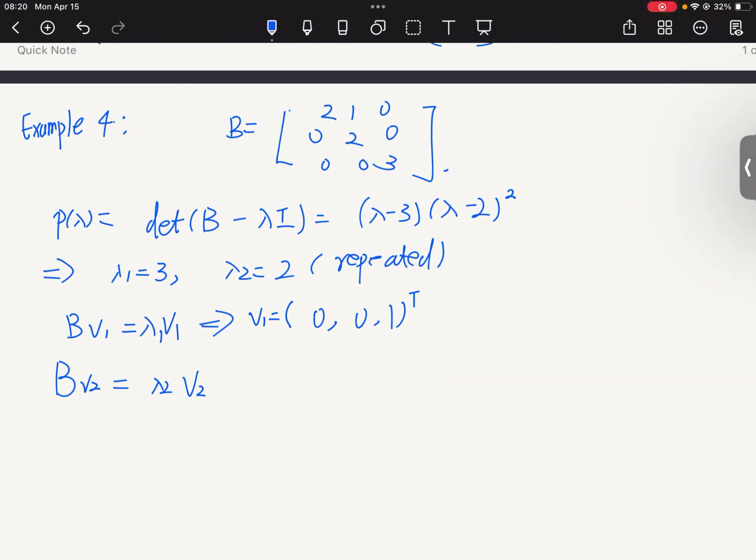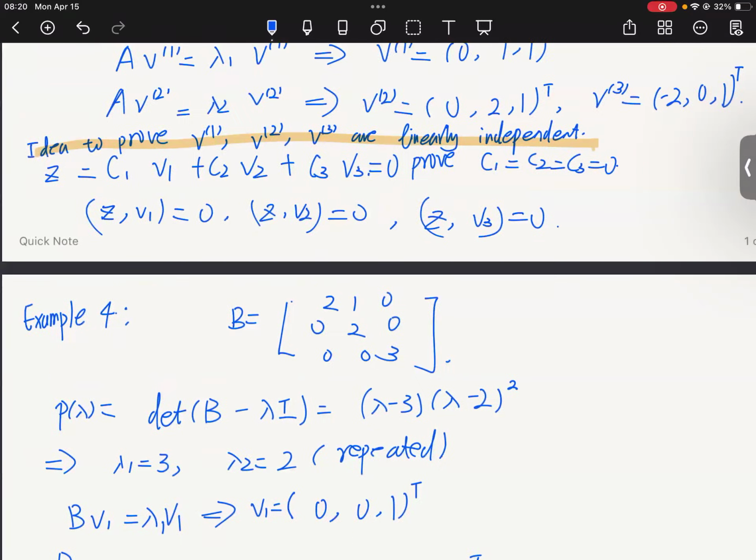If you do this solving process, you will find that this lambda 2 corresponds to just a one-dimensional eigenvector space, which means that v2 is just 1 0 0 transpose.